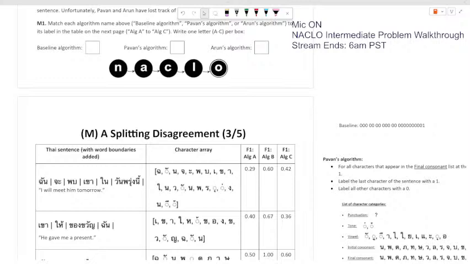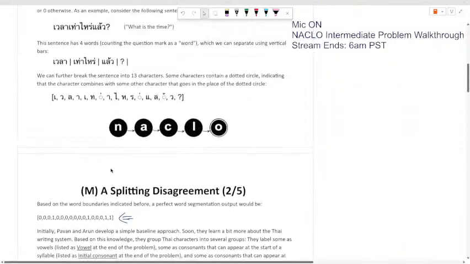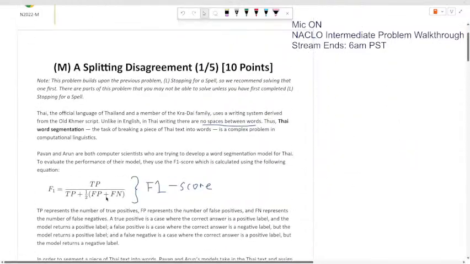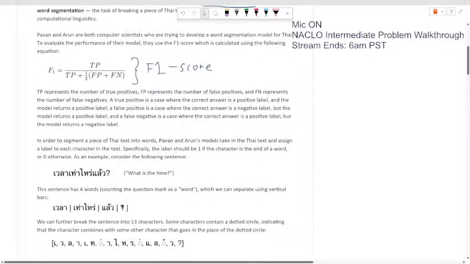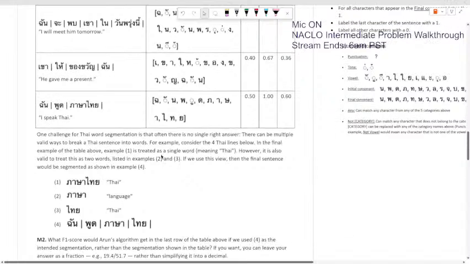Do you get a calculator on NACLO? You're not allowed to bring a calculator to NACLO. So if you can't do something like this on scratch paper, make sure to practice. I'm probably going to need to practice a little bit.